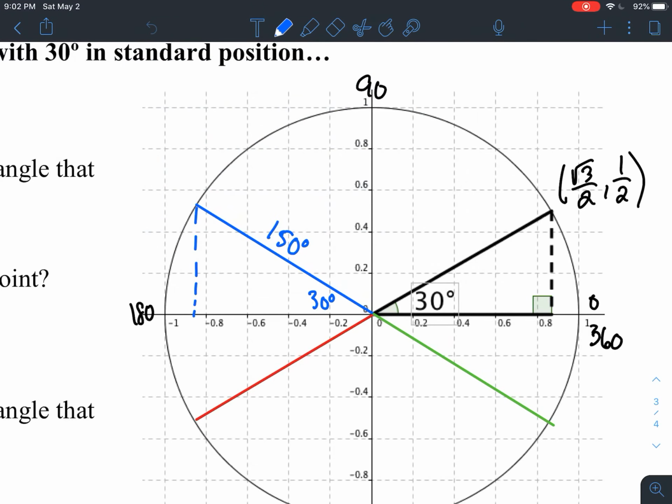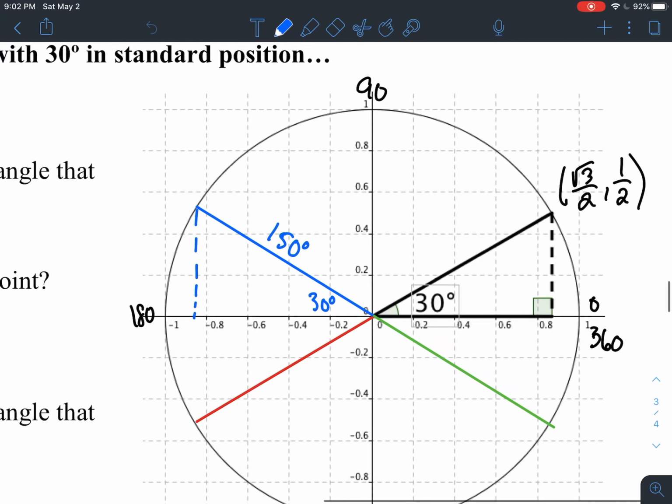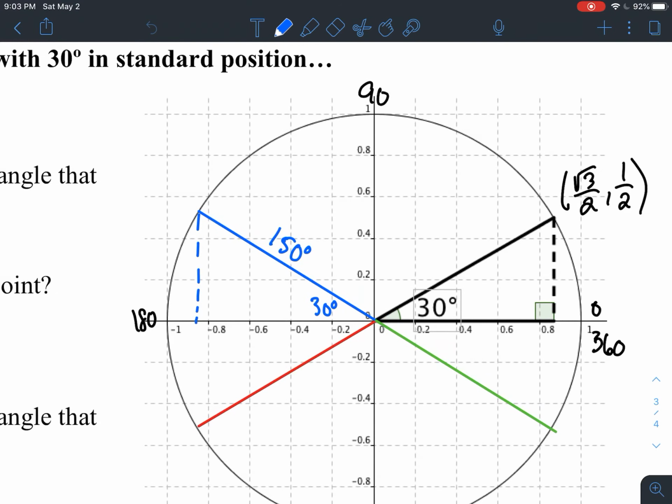Okay. So again, when I reflect over the y-axis, that changes the x value sign, but not the y value. So now this is going to be a negative x, positive y for that terminal point right there.